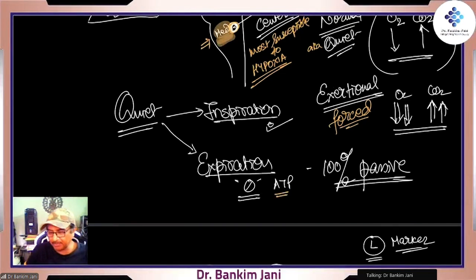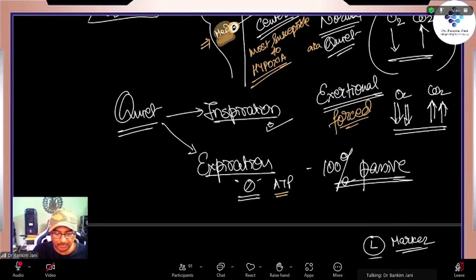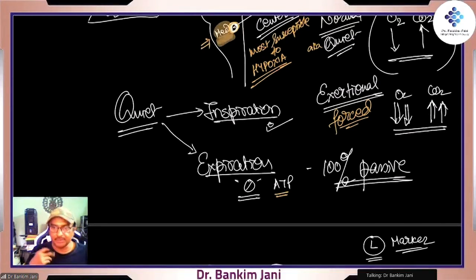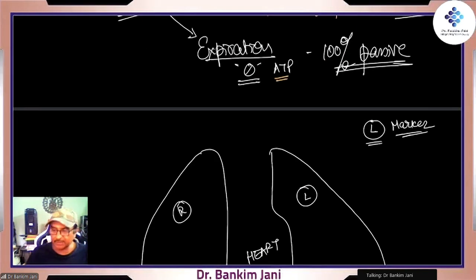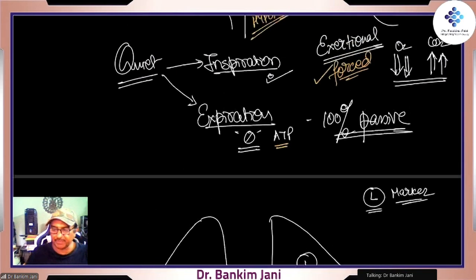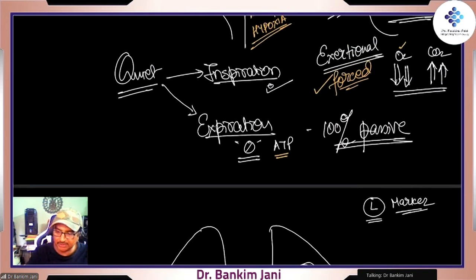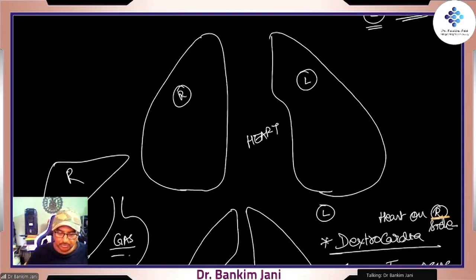Expiration is 100% passive, which means no energy is required for normal expiration. When we breathe in and then breathe out, for breathing out, no energy is used. For exertional or forceful inspiration and expiration, whether in or out, in both cases energy is used. It is obvious that in inspiration we are interested in oxygen, and in expiration we are throwing away the carbon dioxide.